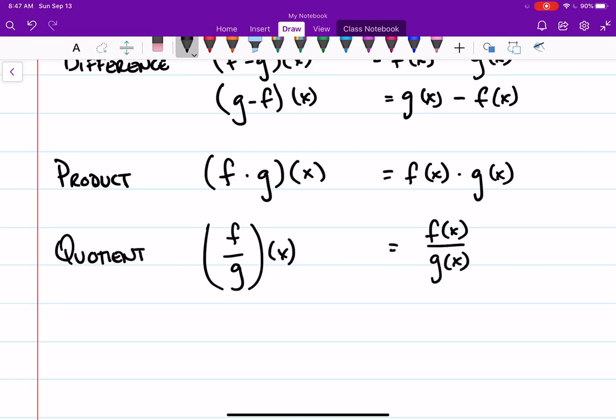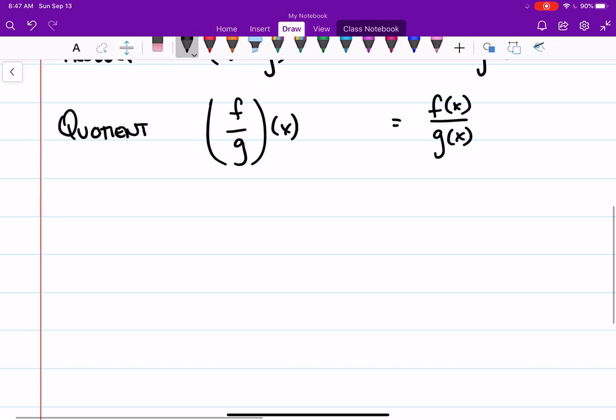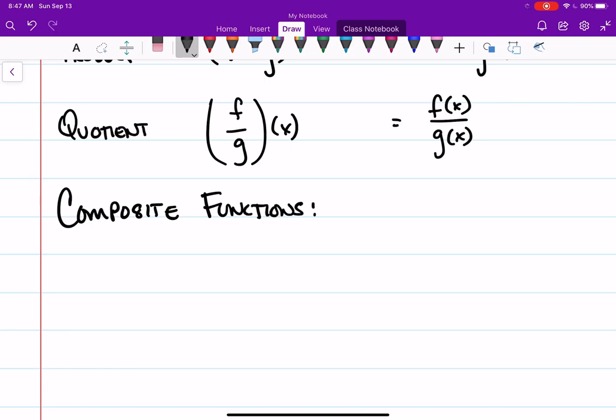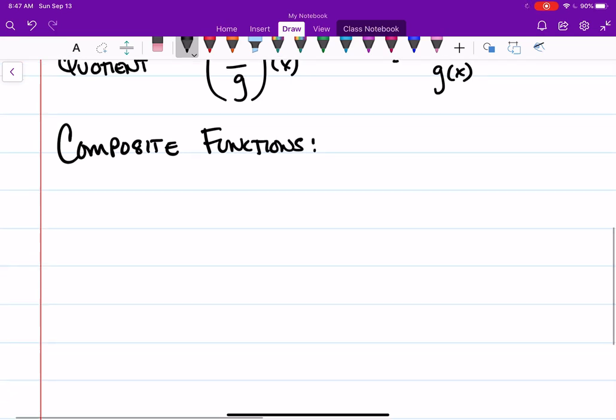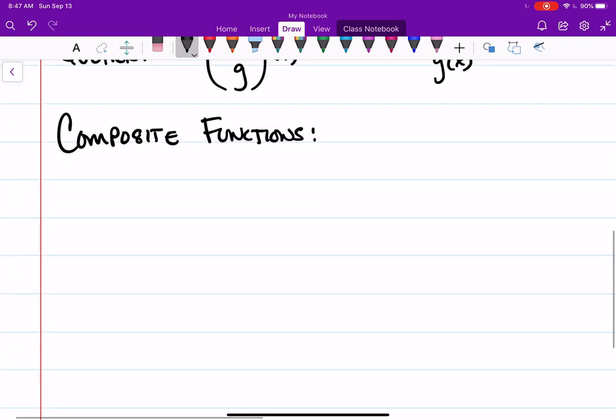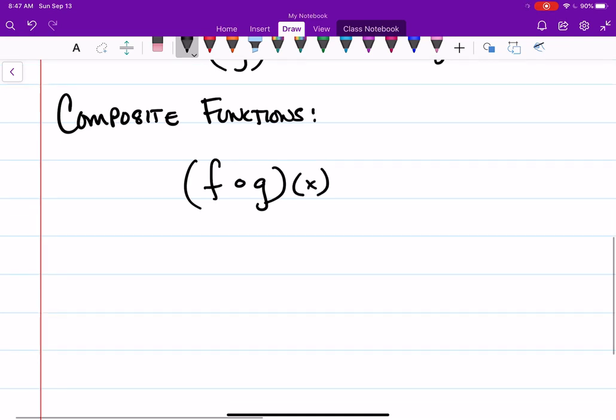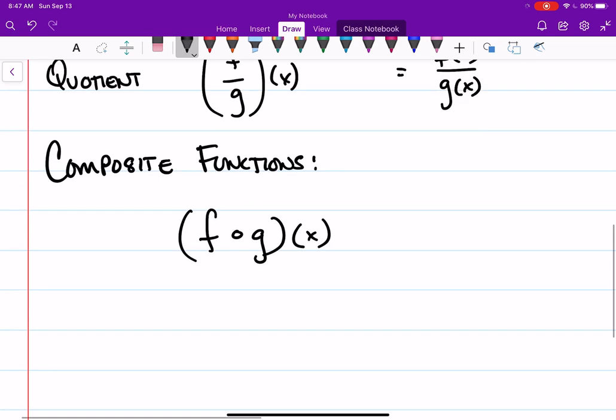And then in terms of composite, those are slightly different. It's not any of those operations. It's actually more of an order. If you notice, it almost looks like I'm spelling fog because there's an open circle in the center.